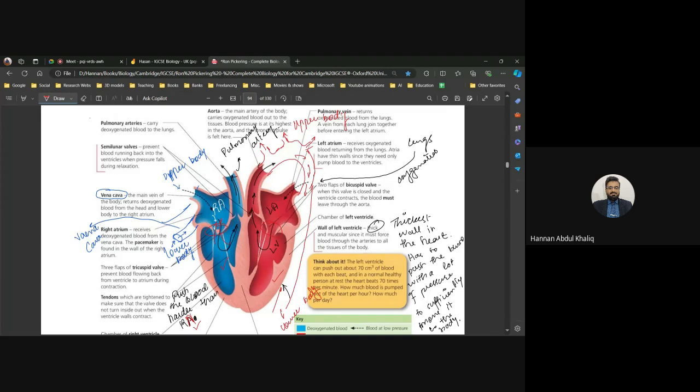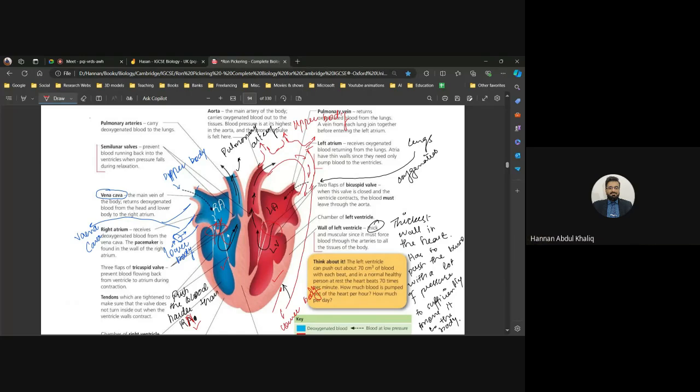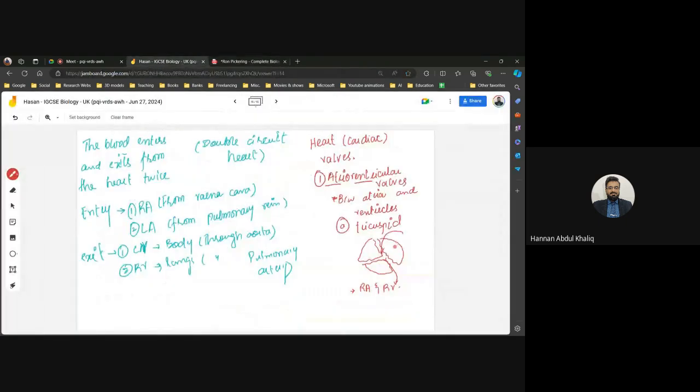Is it understandable? So when the ventricles pump, there is a high chance that the blood would get back to the atria on both sides. Now what do we do? We keep the valves closed.